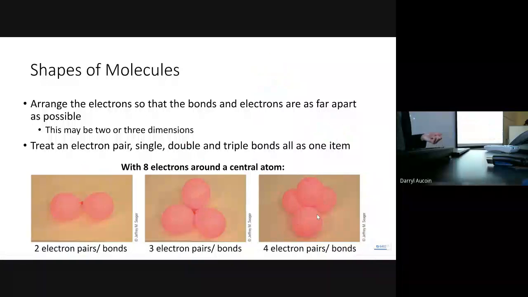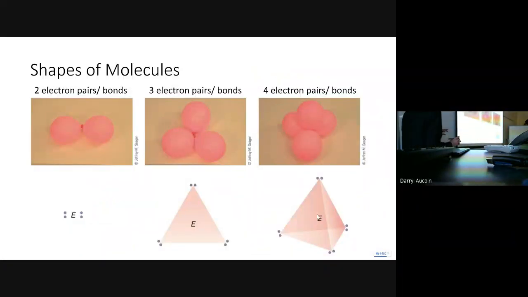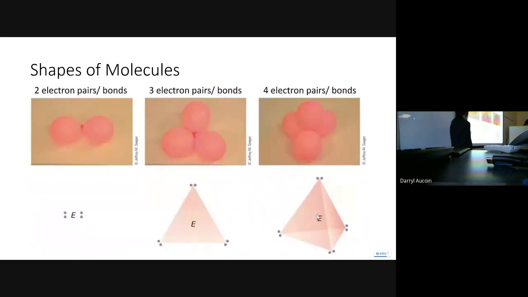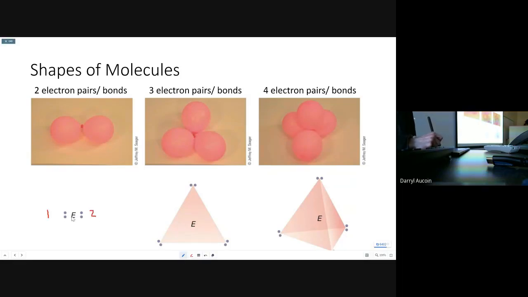And we can figure that out by looking at the atoms themselves. This is showing those same categories again, but from a different perspective. So if you had 1 atom in the middle and 1 atom on either side, or 1 atom in the middle and 3 things connected to it, or 1 atom in the middle and 4 things.